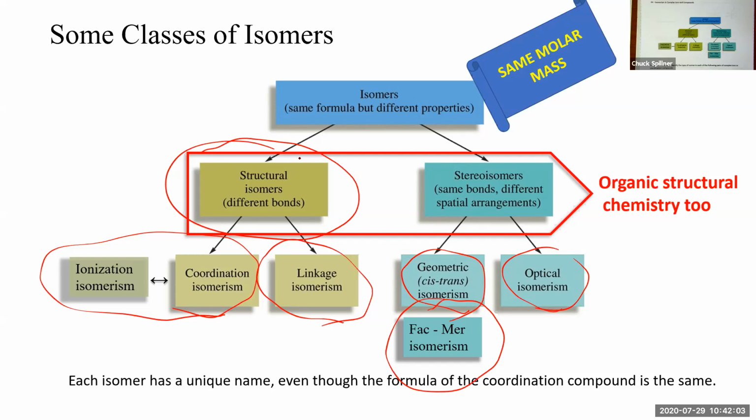I mean, if you drew out every atom and how they're connected, it would look different. Each isomer has a unique name. I'll be talking a little bit about these names. We're not going to have to name them, but I want to point out some distinctions between the names.